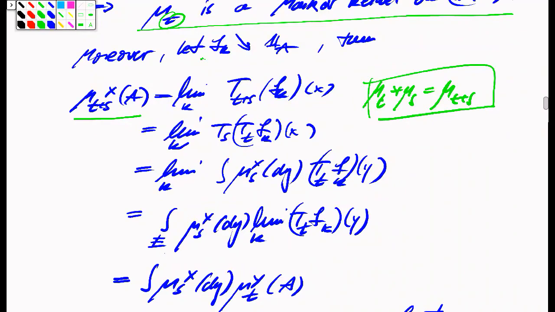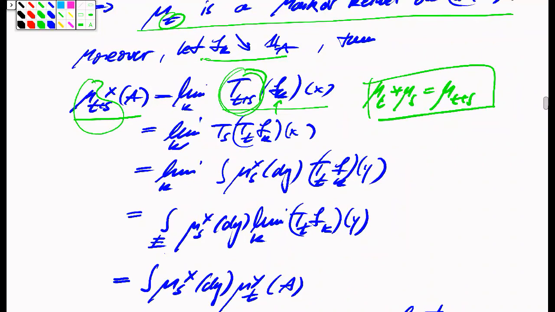So therefore we consider mu_{t+s,x} at A. Again, if we choose continuous functions which approximate the indicator function of A from above, then by monotone convergence, this is the limit of these operations, and by the representation of this operator through this integral kernel, this is the limit when k tends to infinity of the application of the T_{t+s} operator to the function f_k.